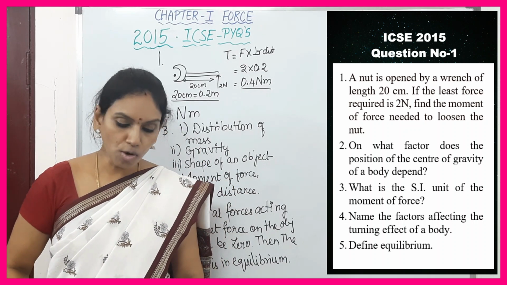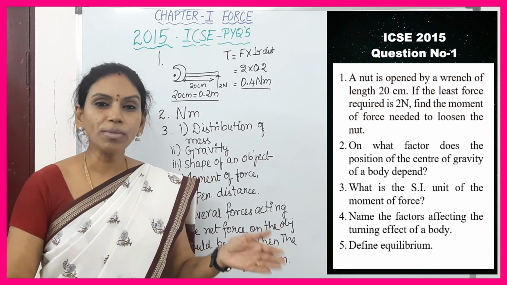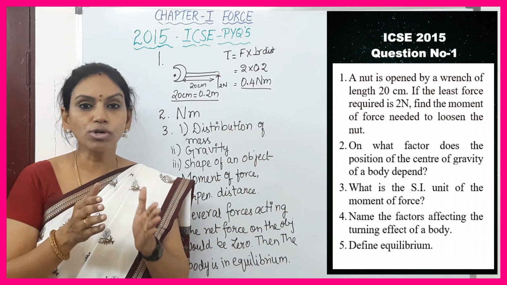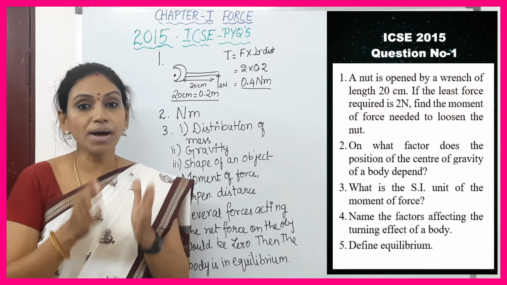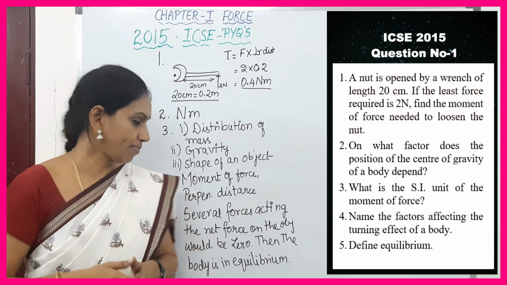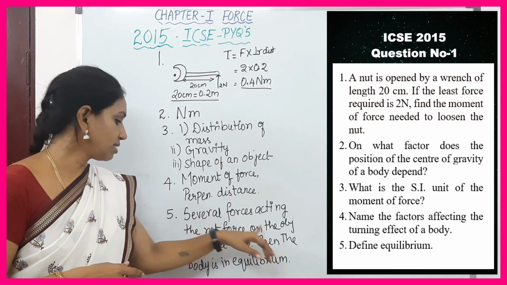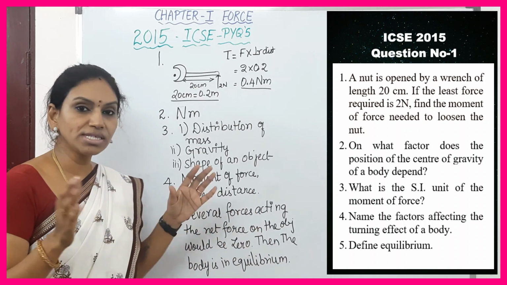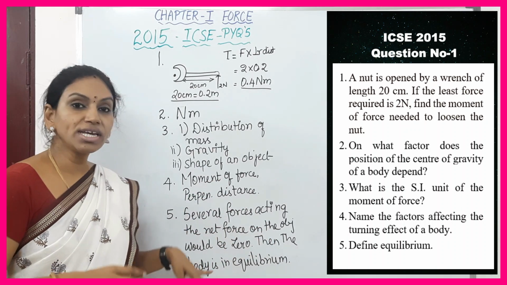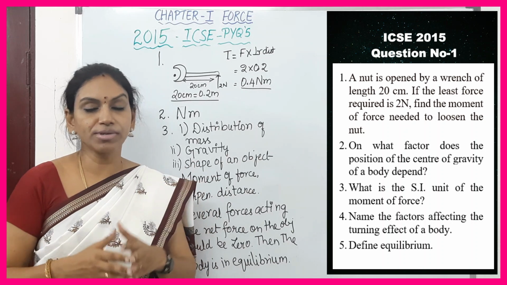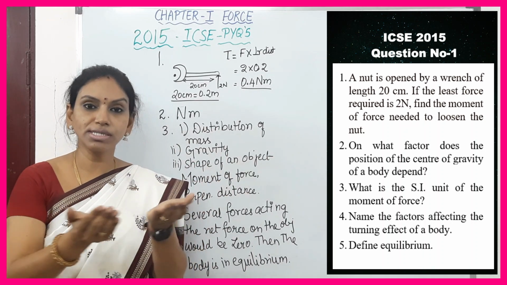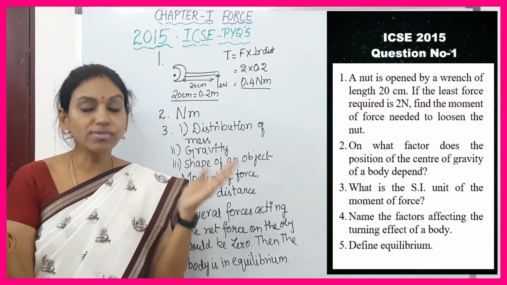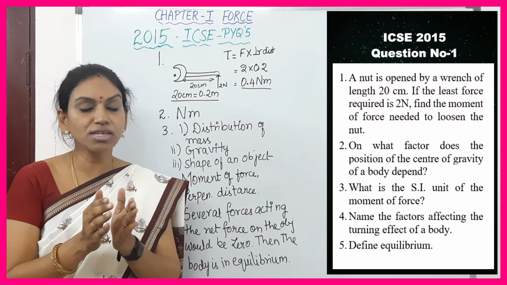We all of us know when so many forces act on a body in all directions, the net force experienced by the body seems to be 0. So, with several forces acting on a body, if the net force on the object is 0, then the body is said to be in equilibrium.